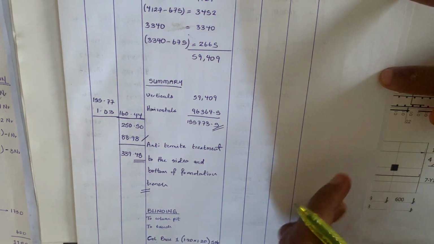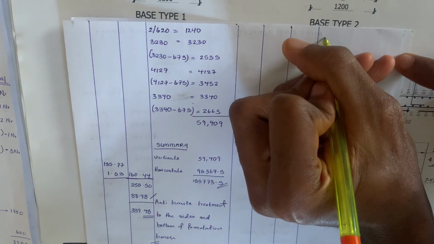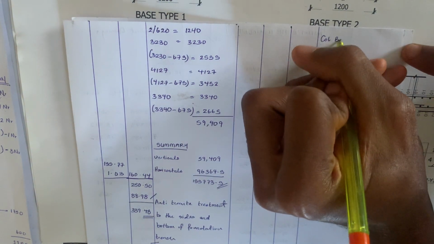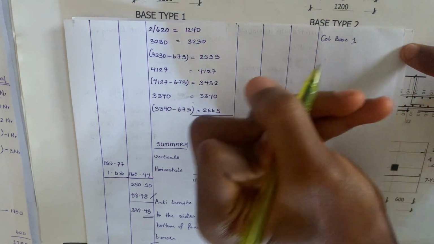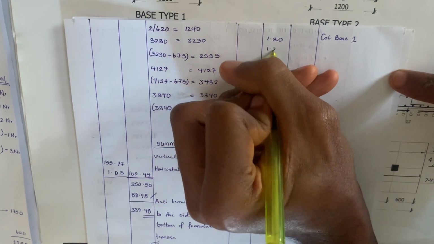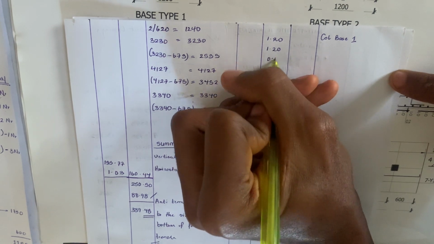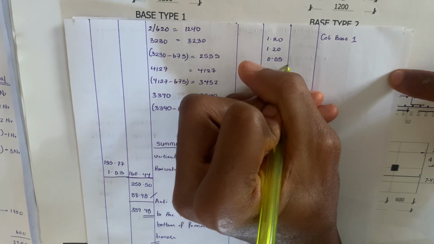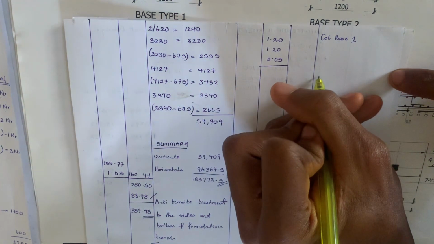So for column base 1, we can now book 1.20 by 1.20 by 0.05, multiplied by the number, which is 5 in number, and then we close.